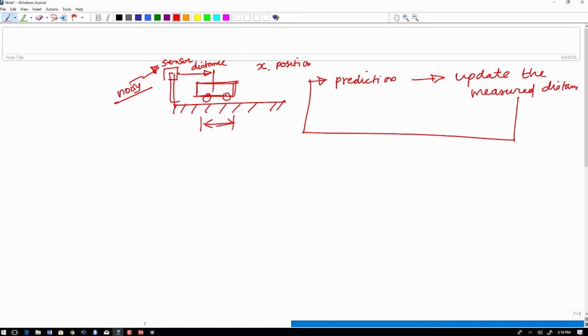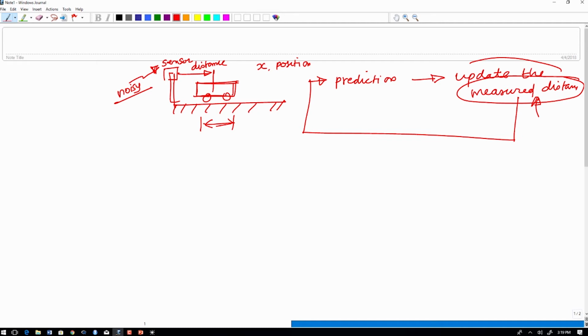There are two stages in the Kalman filter. In a normal process, we would use only the measured distance without worrying about the prediction. Using the measured distance directly is a little risky because the data is noisy.